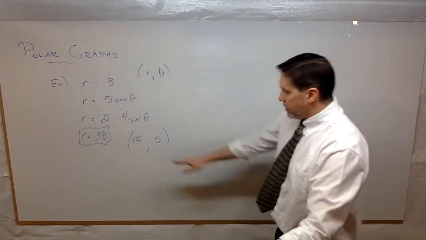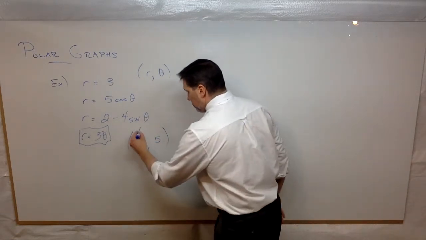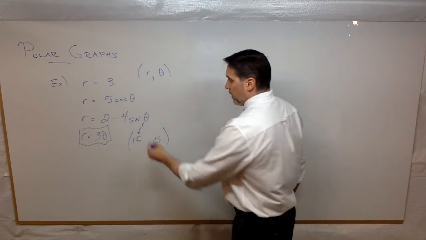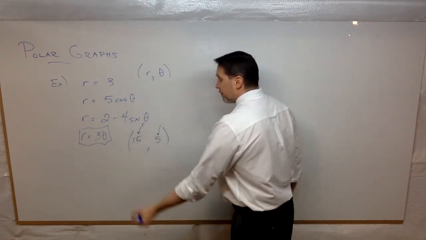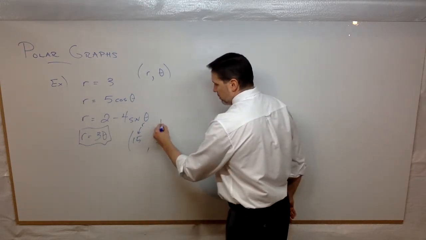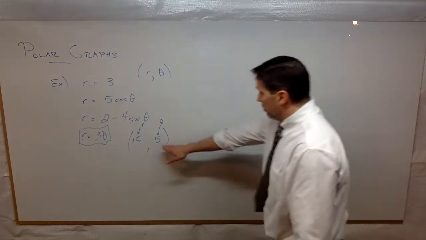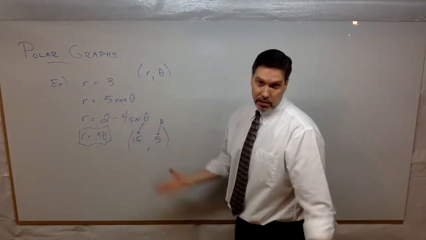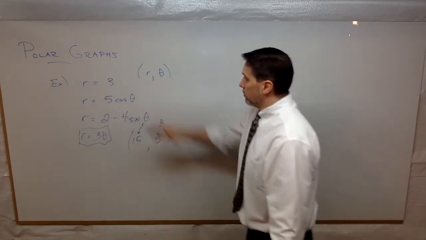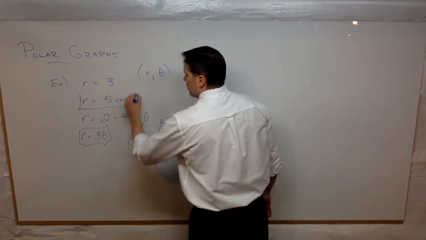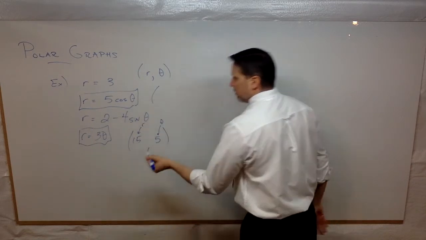So we would plot the ordered pair in the polar plane, (15, 5), and that would be considered radians. I don't think we would go with degrees there, right? We would consider that as 5 radians, whatever that is. Something like this. We'd say, okay, what's one point in this relation?